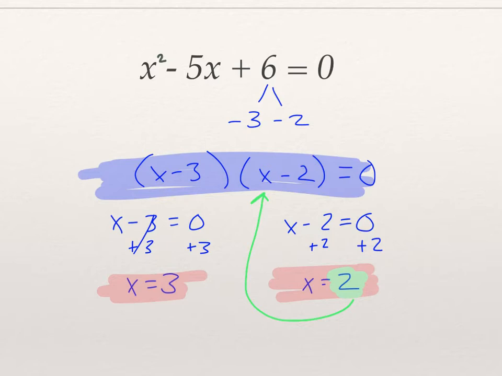So that would make our equation 0, which is true. We would do the same thing for 3. If we plug in 3, 3 minus 3 is 0. So that makes sense too. For all of these, we're always going to have two answers. So these are our two answers.